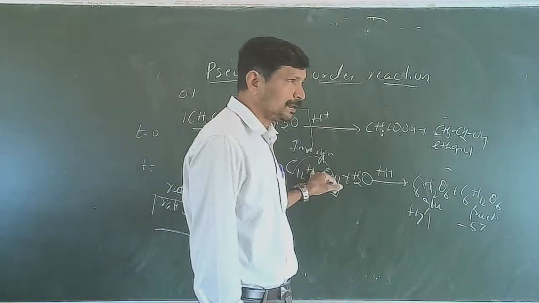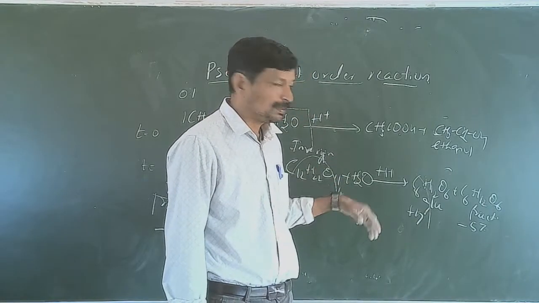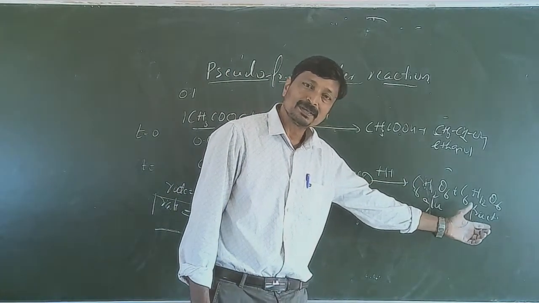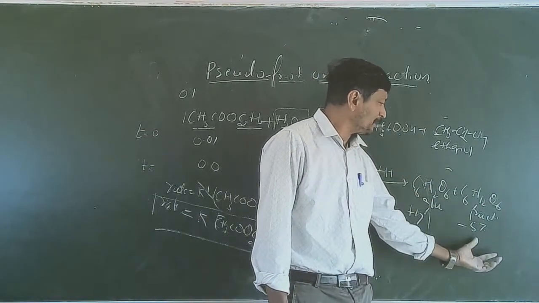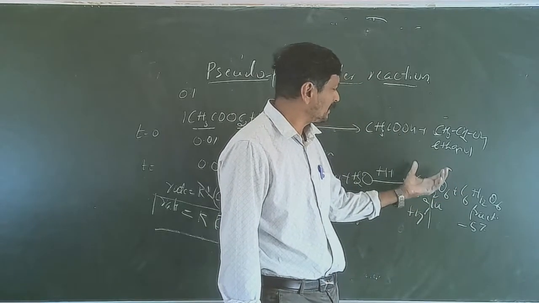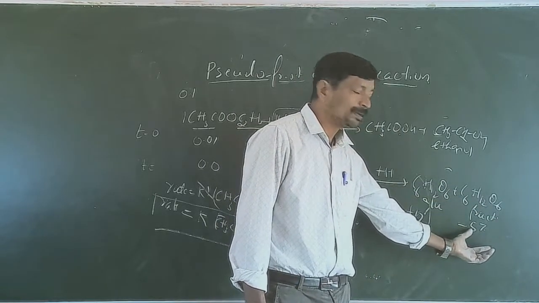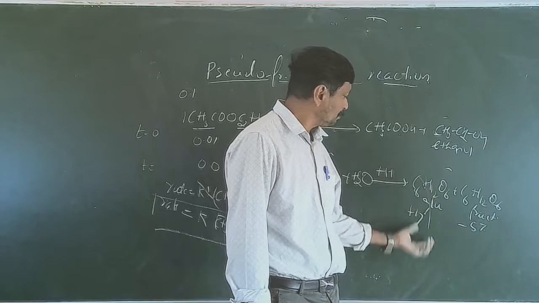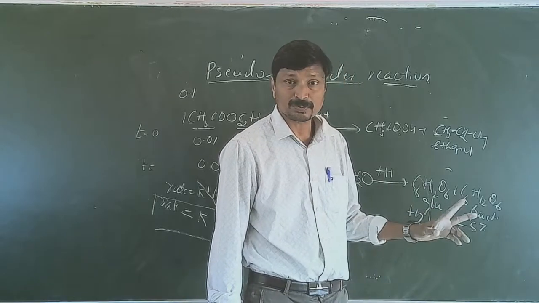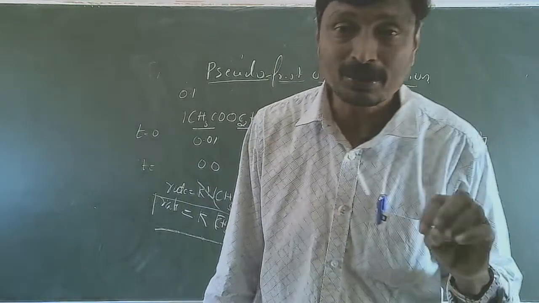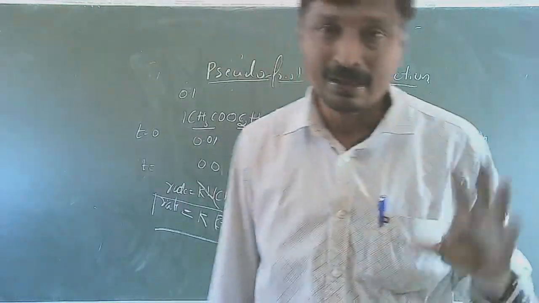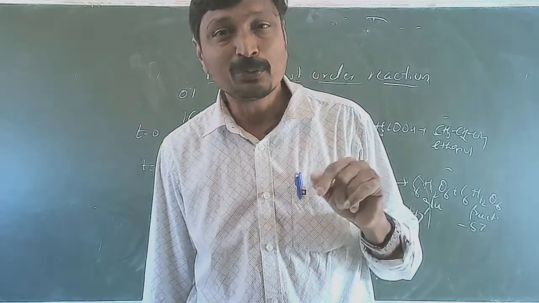Before hydrolysis, it's dextrorotatory. After hydrolysis, the product has a negative rotation, because the magnitude of the negative rotation of the fructose is higher than the positive rotation of glucose. The net rotation of the product is negative, hence it's called inversion of cane sugar. It is an example of a pseudo first order reaction.